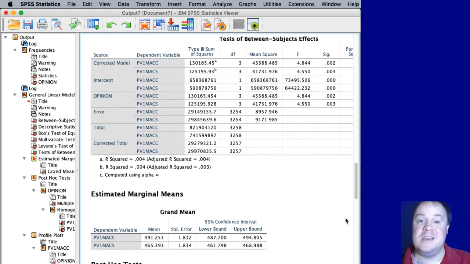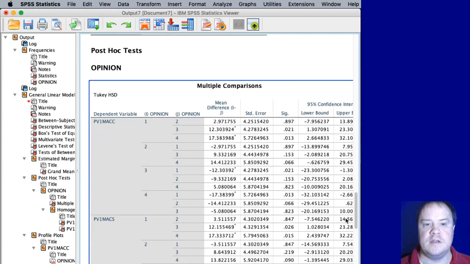So it looks like it is true for both of these, and what we still don't know is where those differences exist. So are those differences the same between each of those levels of frequency? So students who have every lesson versus most lessons, are those two groups of students different in their achievement scores? Or is it just between students who had it every lesson and never? So that's what the post hoc tests are going to tell us.